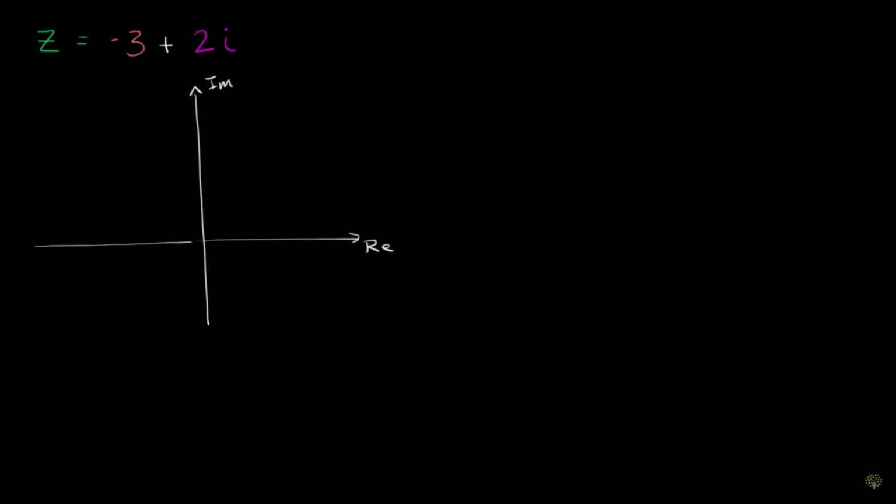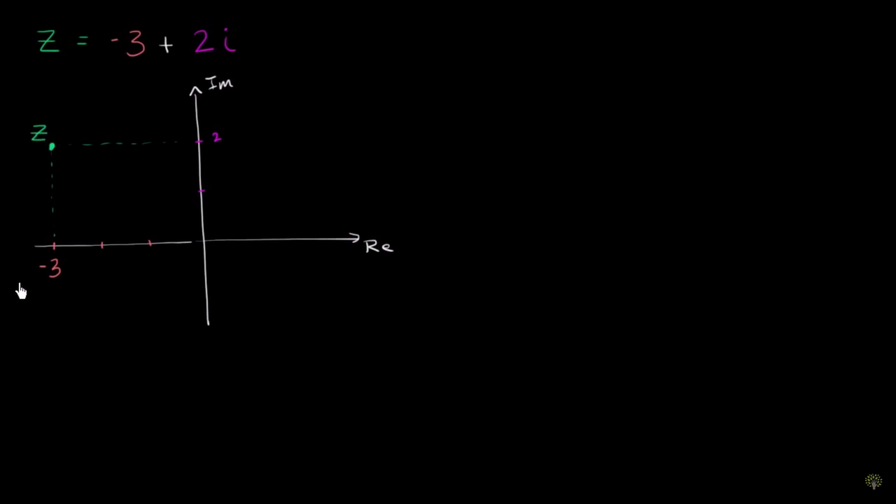The real part is negative 3, so we go 1, 2, 3 to the left of the origin. So negative 3. And then we have 2i, so we're going to go up 2 in the imaginary direction. So 1, 2, just like that. And so z has real part negative 3, imaginary part 2. z would be right over here in the complex plane. So that is z right over there.